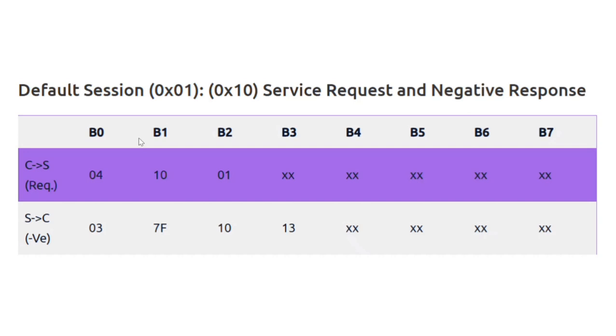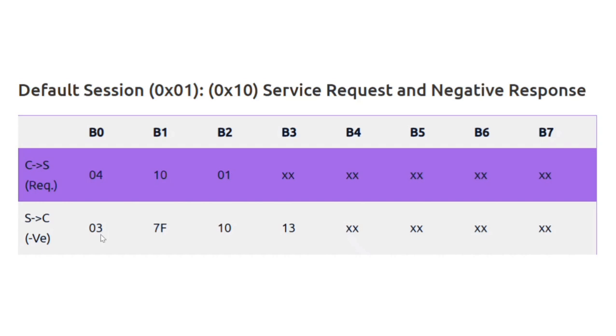This is for the negative response. Here we are giving byte length as 4, and 10 is the session ID, SID, and 1 is the subfunction for moving into the default session.